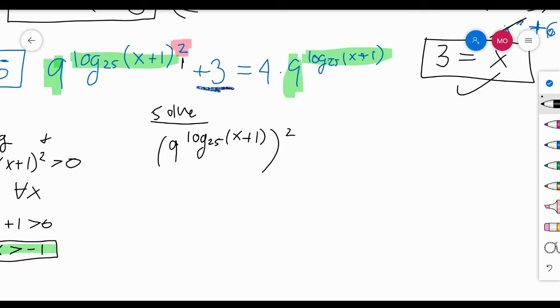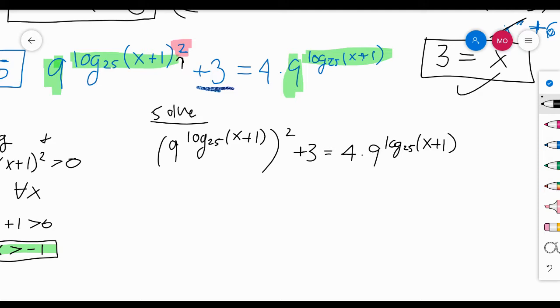So notice how the 2 seems like it's in the same position, but the brackets indicate that they're on the entire 9 to the power of log rather than just on the x plus 1. Plus 3 still there equals 4 times 9 to the power of log base 25 of x plus 1.